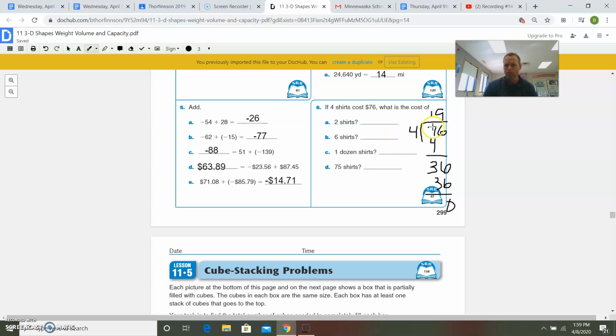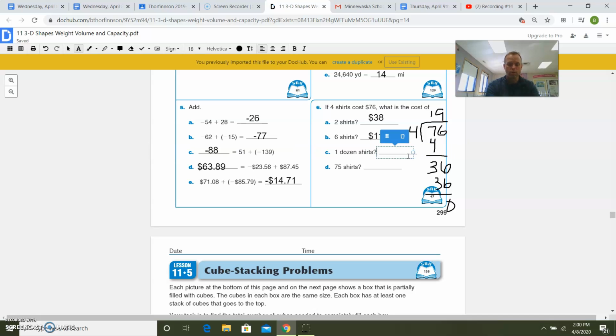Now once you figure that out, it's much easier to go through here. We have 2 shirts. If 1 is $19, 2 would be, and we've got to start getting used to putting in our dollar signs as well, $38. 6 times 19 would be $114.